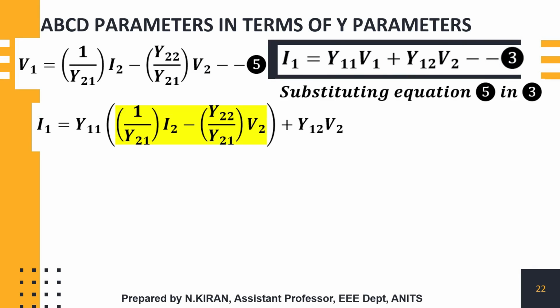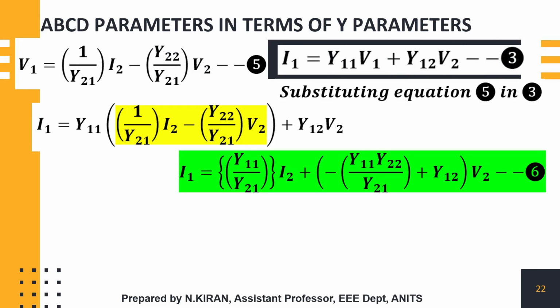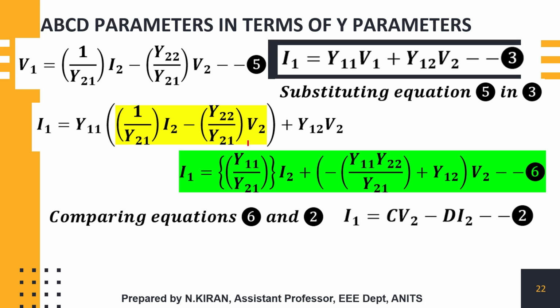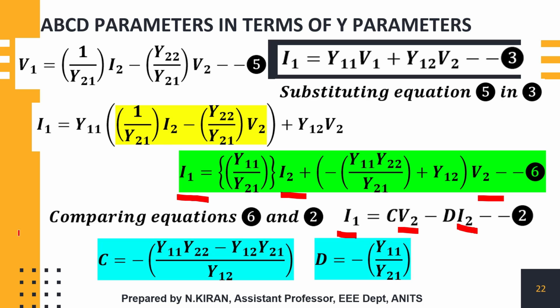So substituting the fifth equation in the third equation will give me the shown equation indicated by sixth equation. And now I can compare it with the second equation since it has the same variables I1, I2 and V2, which will give rise to C is equal to minus delta Y by Y12 and D is equal to minus Y11 by Y21.